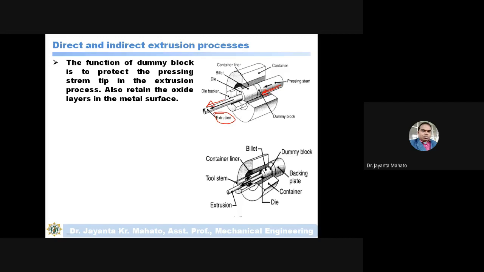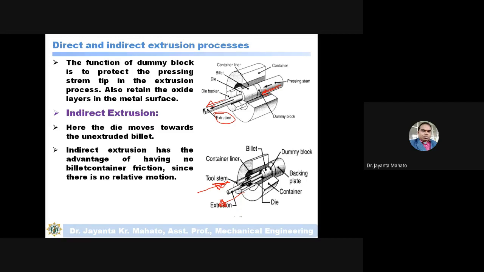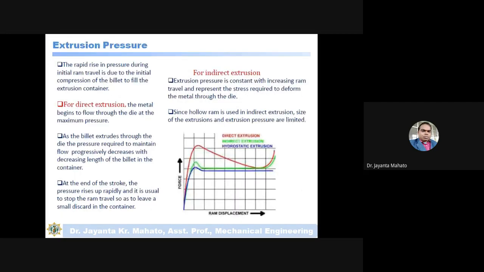In the indirect case, you are applying the force in the direction opposite to the movement of the extruded part. This is the direction of the extruded part coming out from the die, and this is the direction of the movement of the ram. Okay, no need to explain again.